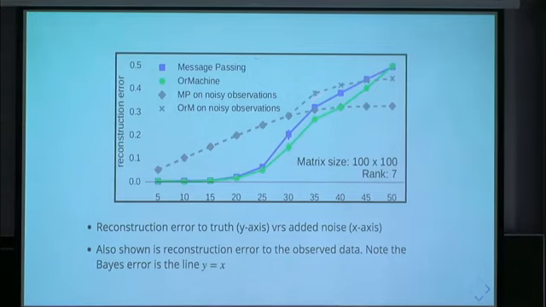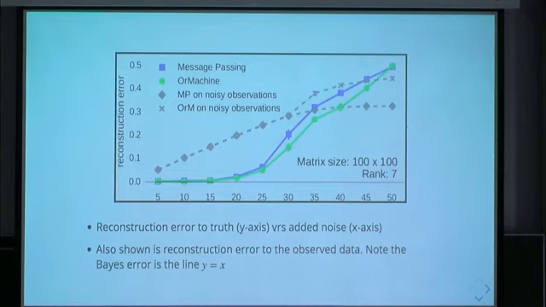Here, not only are we showing reconstruction to the truth, we're showing reconstruction to the noisy observation. The Bayes error is the line y equals x. If the truth is low rank, of rank 7, and I randomly flip bits at a rate of 15%, you can't do better than a 15% reconstruction error.